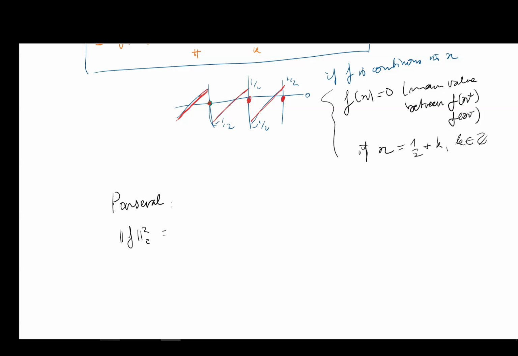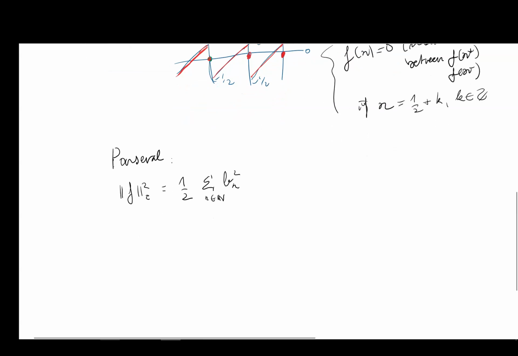We only have the bk, so that's going to be 1 over 2 sum of the bk squared, for k in N. So what does that give us? If we have defined our L2 norm to be equal to 1 over the period, integral from minus L to L of f of x squared dx.